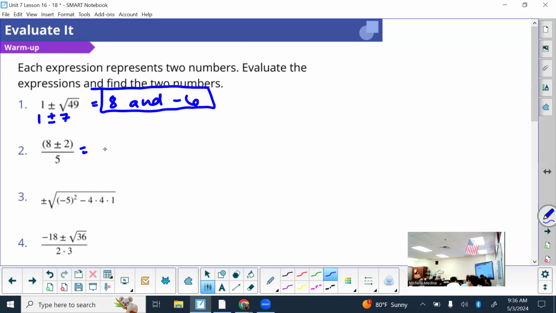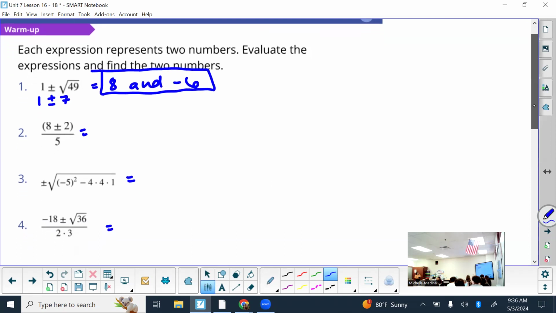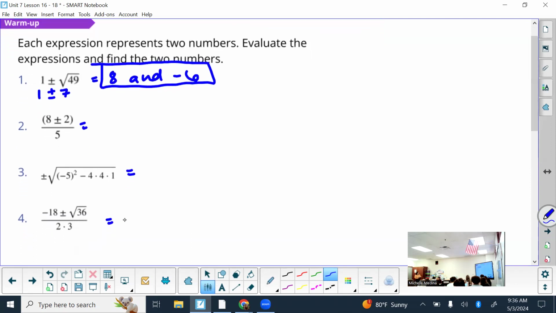Table 1, number 3, what did you get for the 2 answers? Can you do it now? Yeah. We'll come back to you while you figure it out. Table 2, what about number 4? What did you get for the 2 answers? -2 and -4, you said?